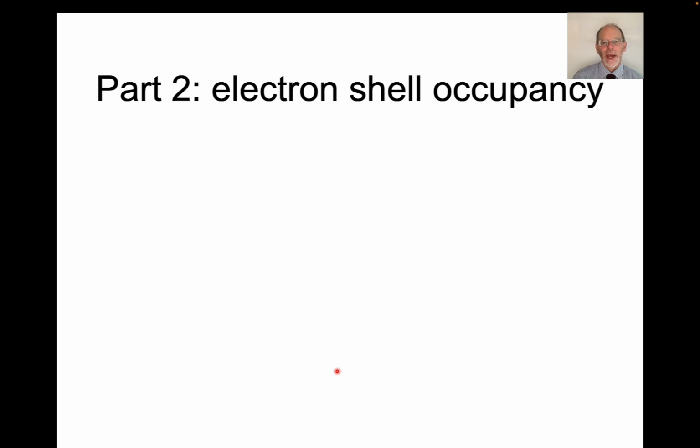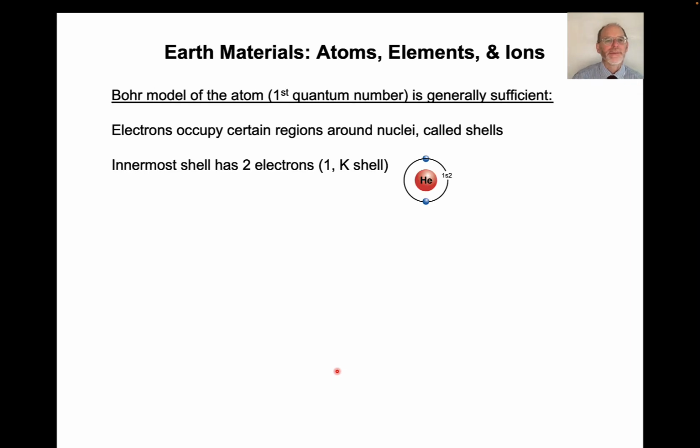So now let's talk about electron shell occupancy. There are more complex models of how electrons are distributed around nuclei, but the Bohr model of an atom is generally sufficient for the purposes of most of what we do in earth sciences. The concept here is that electrons occupy certain regions around nuclei called shells.